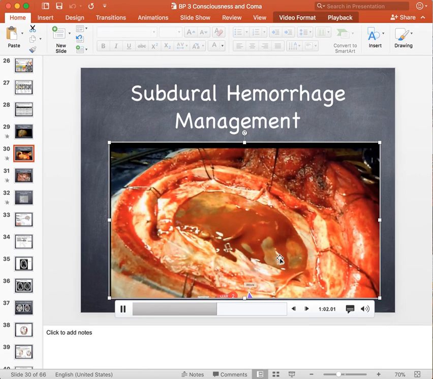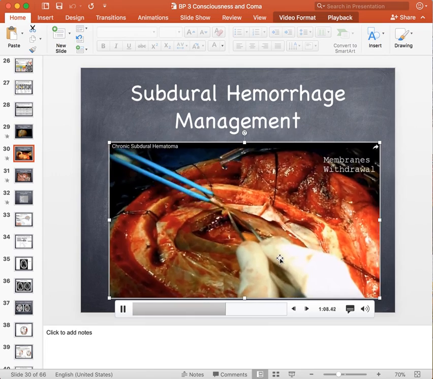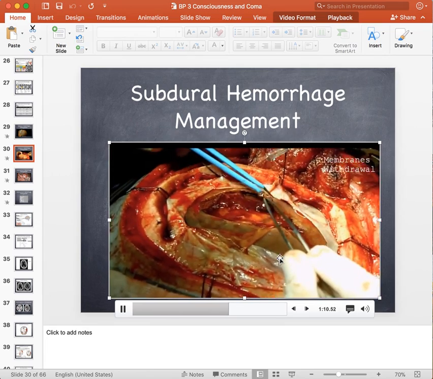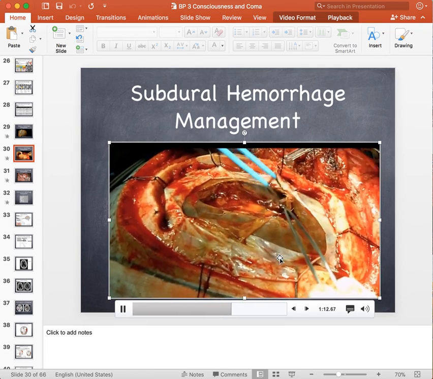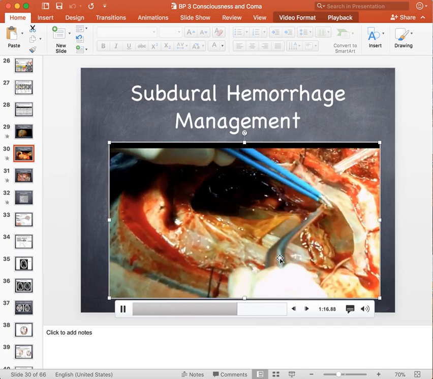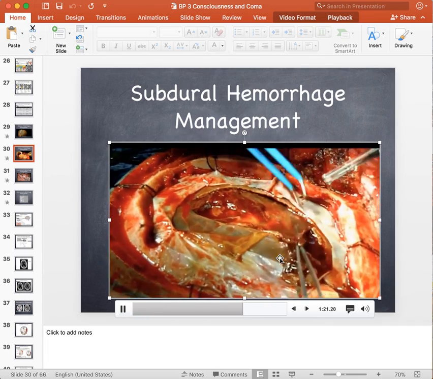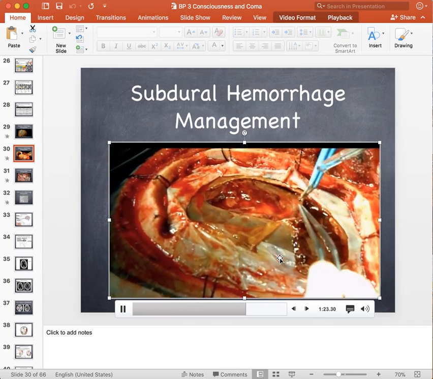So there it is. It also looks a lot less bright red, doesn't it? Yeah. And so they're taking the membranes off now. They'll go ahead and suction out the rest of the blood, close the dura back up, and they should be pretty good here.